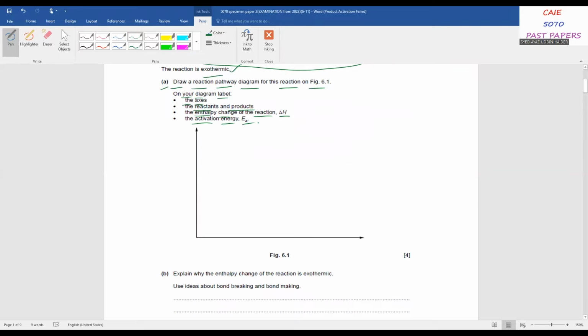This is an exothermic reaction, so the product will be at a lower energy state than the reactant. So first of all, we will label the x-axis. On the x-axis, you can write progress of reaction, or you can write extent of reaction, or you can even write reaction coordinate.